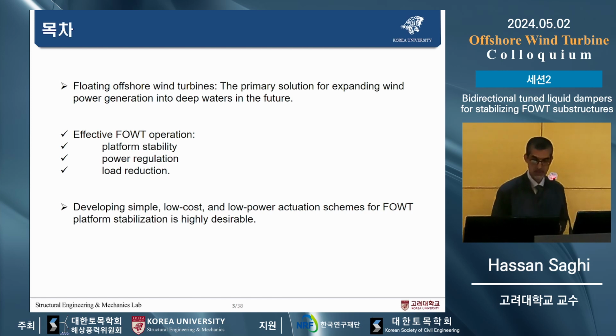So effective FOWT operation includes platform stability, power regulation, and load reduction. And so developing simple, low cost and low power actuation schemes for floating offshore wind turbine platform stabilization is highly desirable.